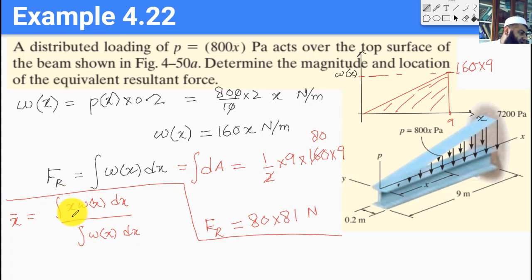The W function is already given. This integral is from 0 to 9, and this is again from 0 to 9. I hope you would be able to solve these two integrals. This integral we already solved. This other one you can solve on your own and find the result.